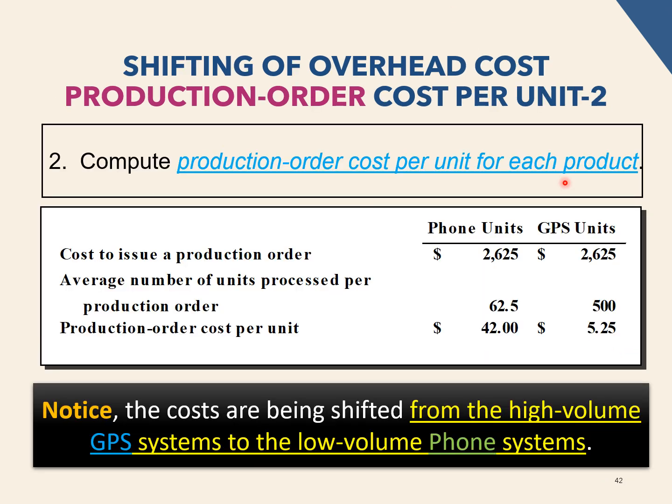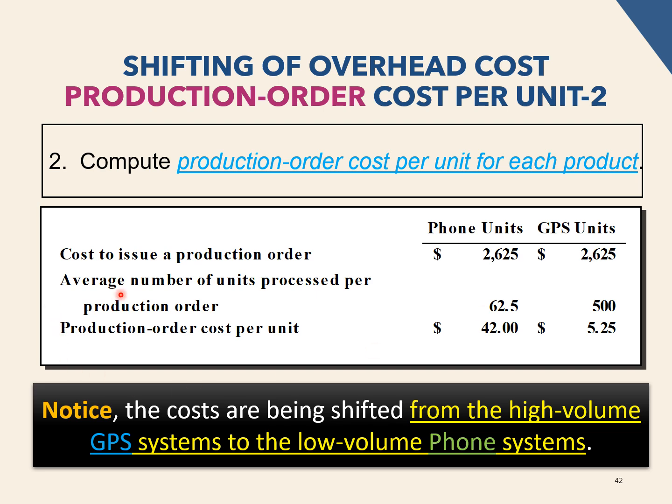The second step is to compute production order cost per unit for each product. The cost to issue a production order is 2625 for the two products. We can have this number in previous slide.